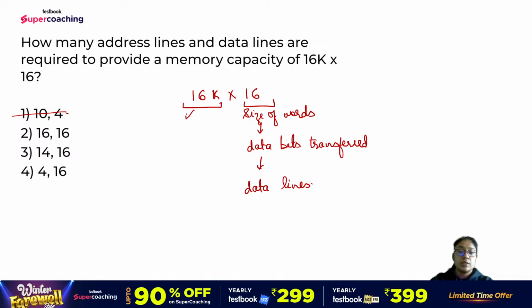16K is representing the number of words. How many bits are needed to represent a word? That tells you the address lines. So simply, log base 2 of the number of words will give you the address lines.